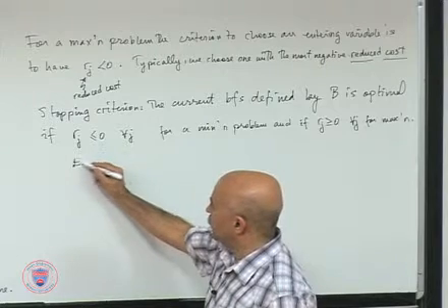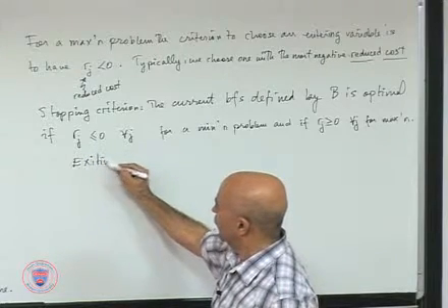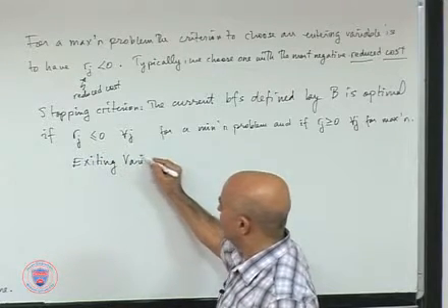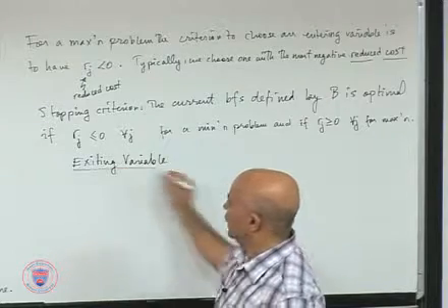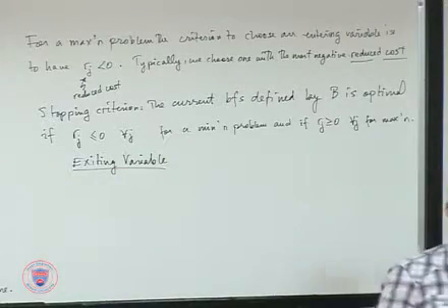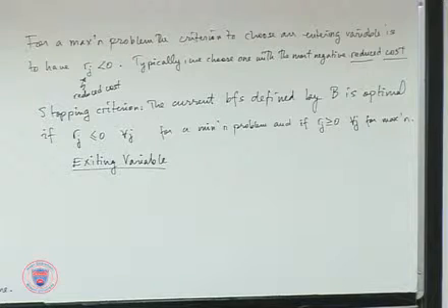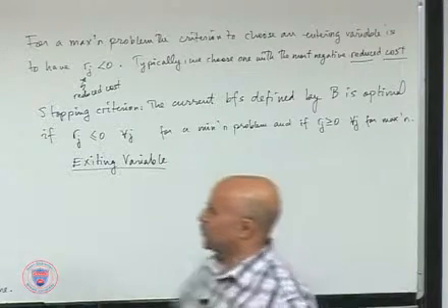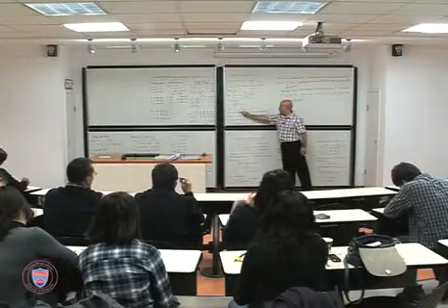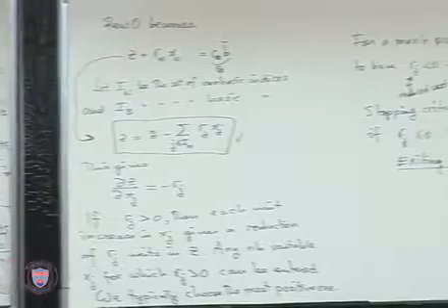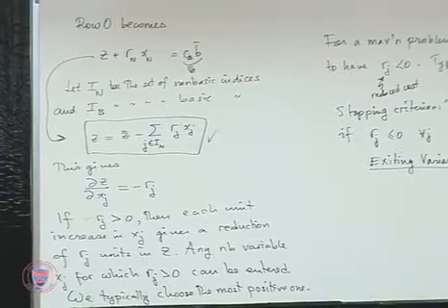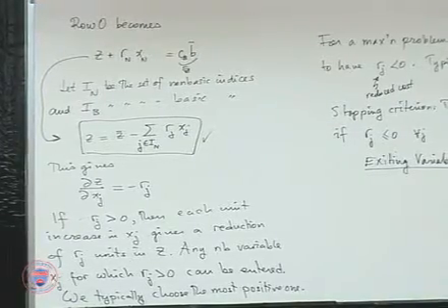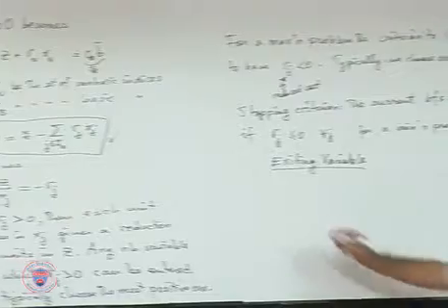So let's decide on the exiting variable now. At least you know how to select your entering variable. For a minimization problem, you just choose one that has the proper sign for the reduced cost, so it's positive for a minimization problem.